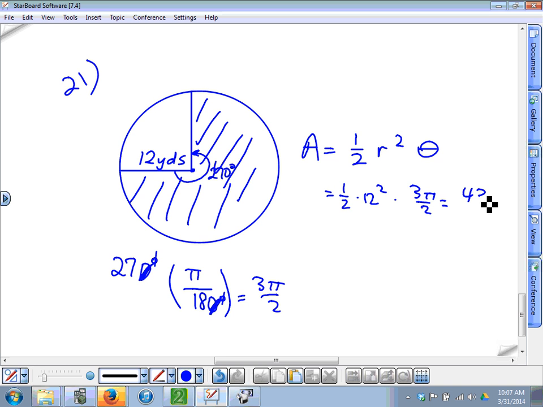So we have 432 pi all over 4. Divided by 2, that divides evenly. So that's equal to 108 pi what? Yards squared.